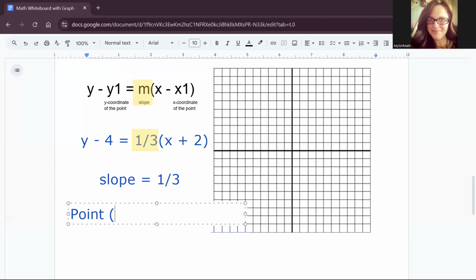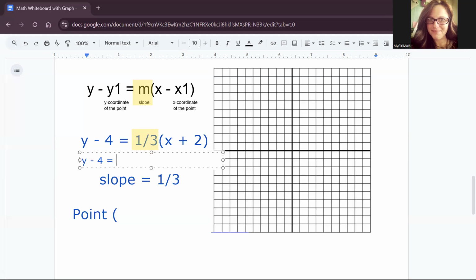Now let's identify the point. Since in point-slope form the minus sign is part of the formula, I could rewrite x plus 2 as x minus -2.